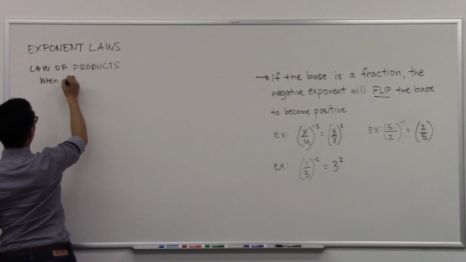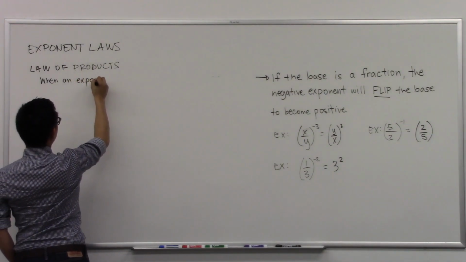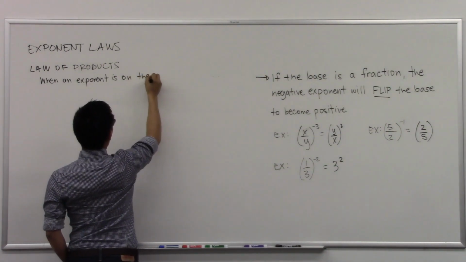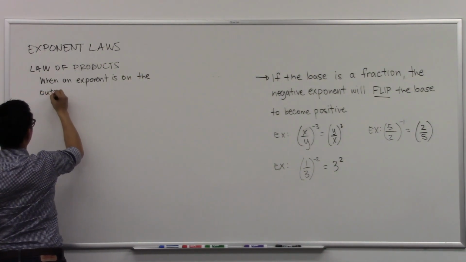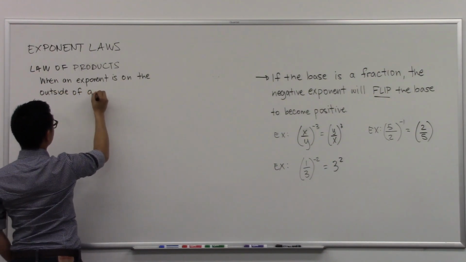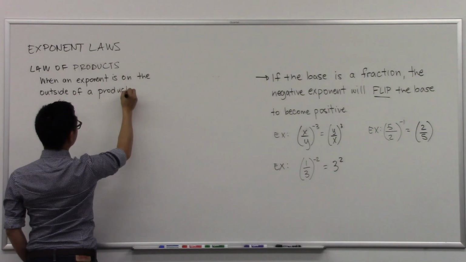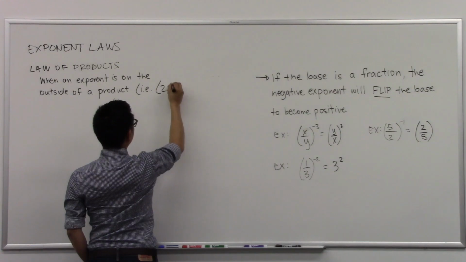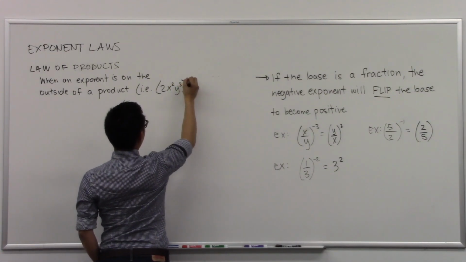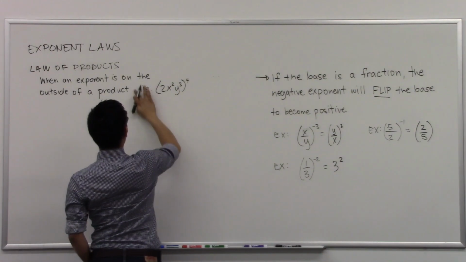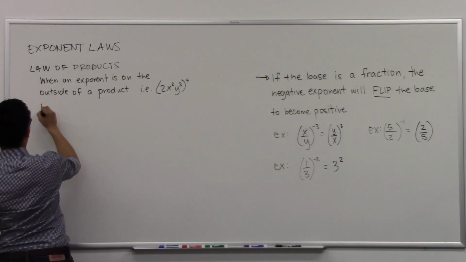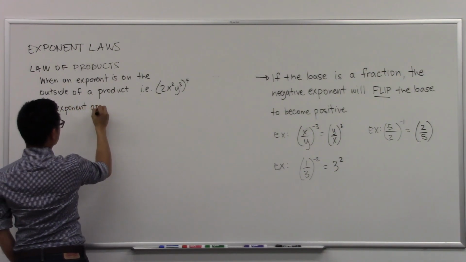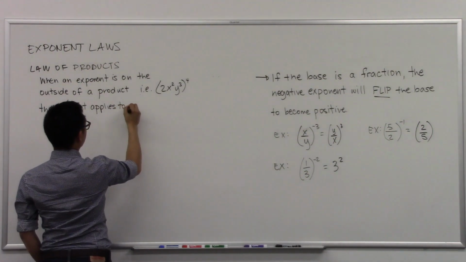When an exponent is on the outside of a product, for example, 2x squared y cubed to the 4, the exponent applies to each factor.